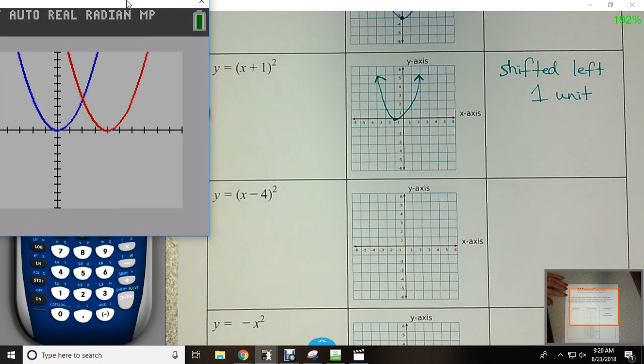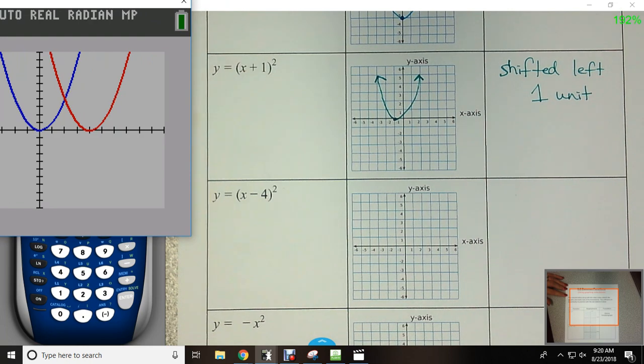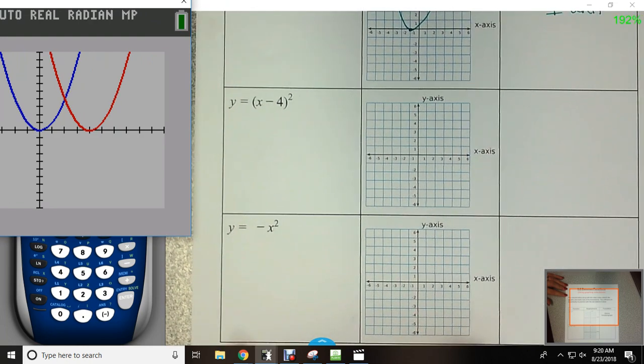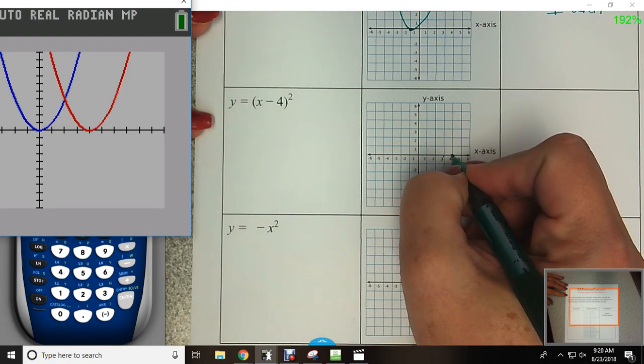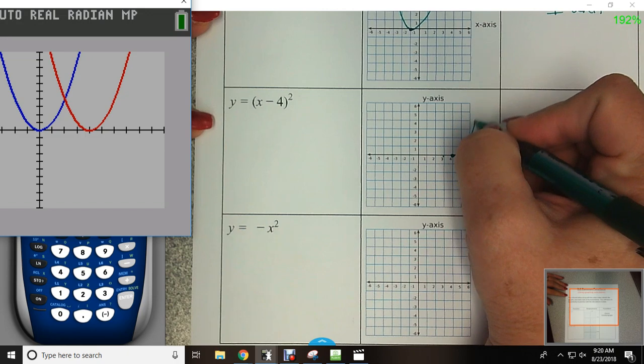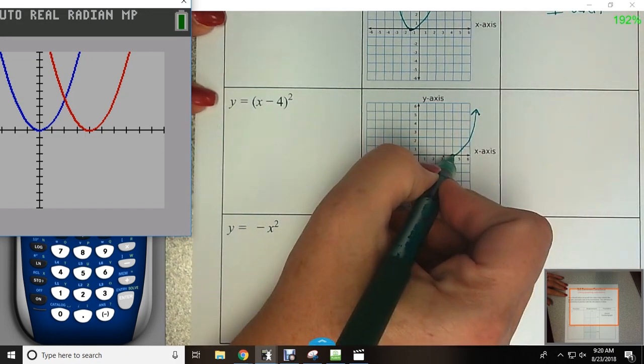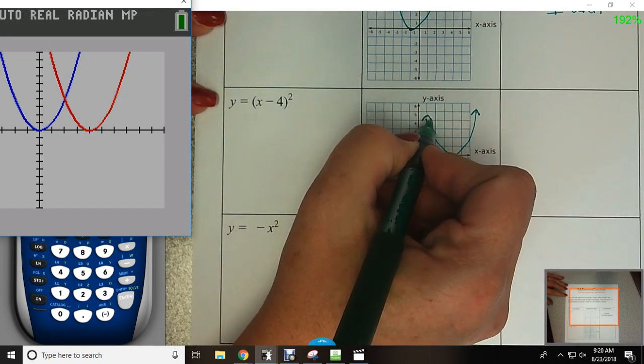So let me move mine out of the way a little bit here. So 1, 2, 3, 4. And it is the same basic graph. It looks the same.